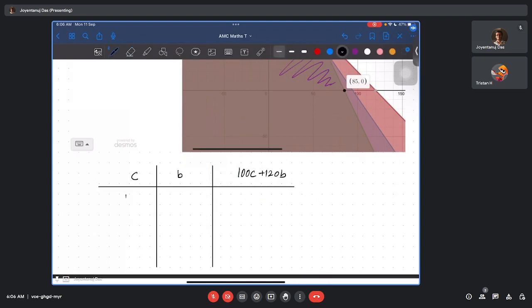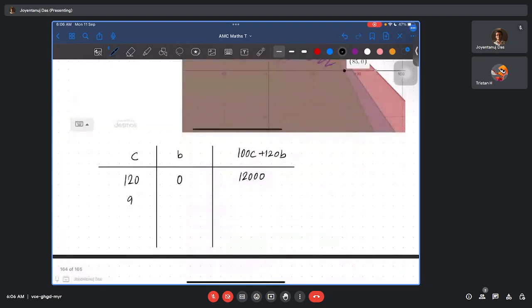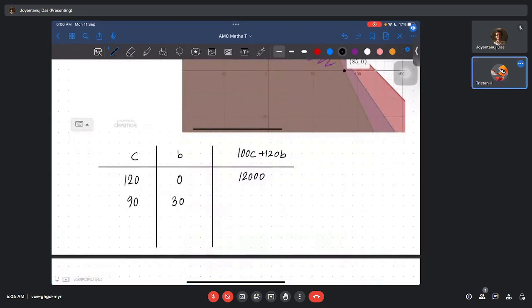So this will be 120, right? Yes, in the Desmos I did opposite. So it is 12 followed by 3 zeros. And then what are the other points? 30 and 90. So it will be 90 and 30 here. So 90 and 30 will give you how much?